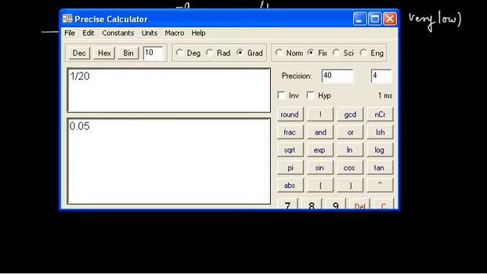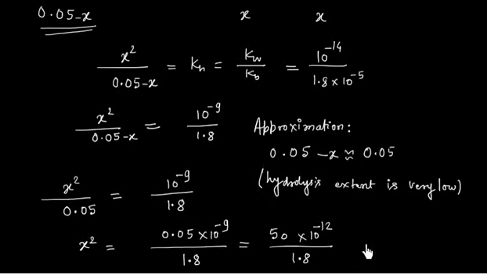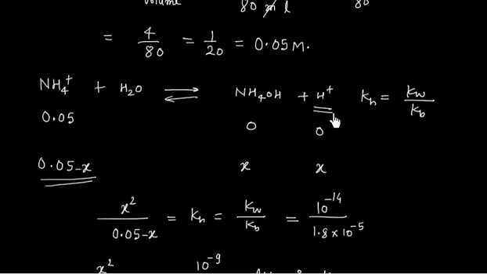So let us take the square root of 50 divided by 1.8. So this is 5.27. So we will have 5.27 into 10 to the power minus 6, and X is nothing but the concentration of H plus.